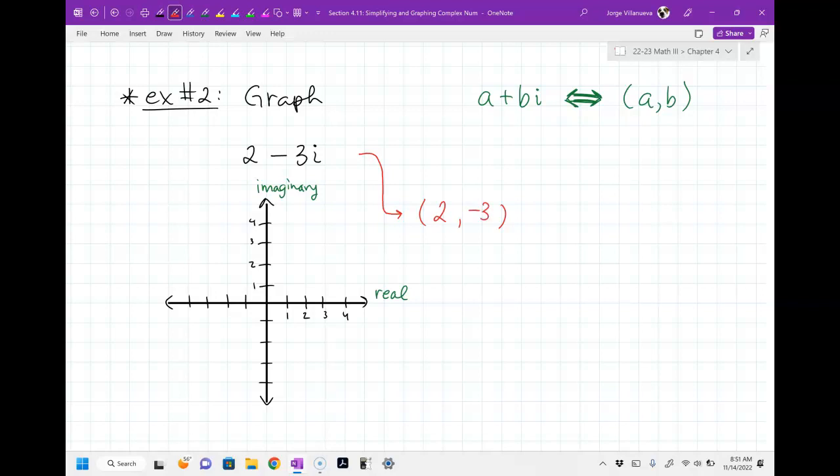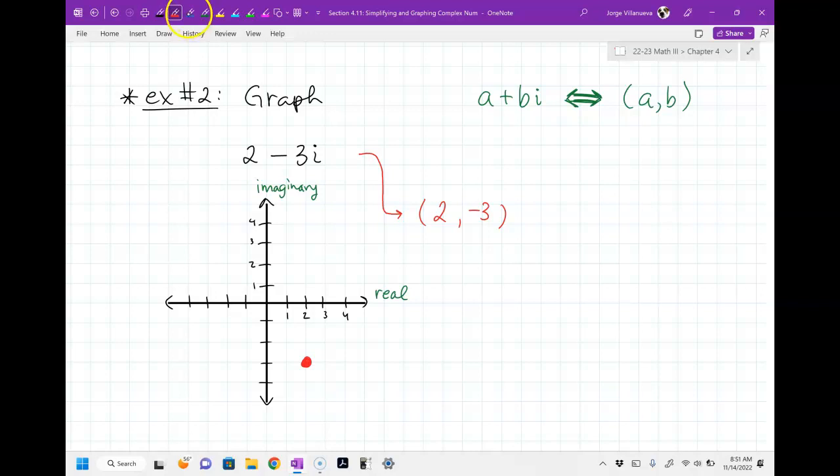Now I don't need the i. Notice I didn't put bi on that point. Just the number. Can you graph (2, negative 3) on here? Yeah. (2, negative 3) is right here. There's my answer. Just treat it like any other number, but first you just have to convert it. Okay? You're going to have to convert it.